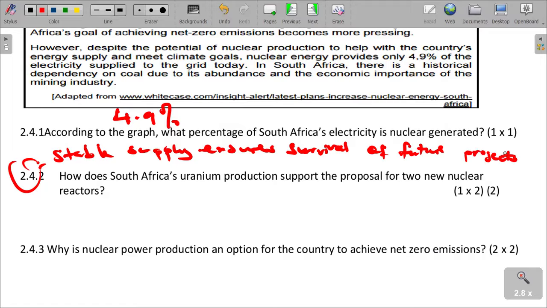We can also talk about cost effectiveness, as uranium is produced locally and is not imported.